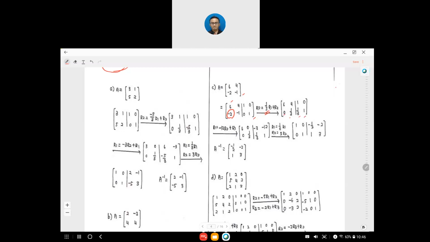Okay, and then again, next, we want to change 4 to 0 here. So this one, if you want to change 4 to 0, you write times by negative 12. Okay, negative 12 R2 plus R1. Okay, and then solve it. You can get 6, 0, negative 3, negative 12. Okay, since you already got a 0 here, and then you want to change 6 to 1 and 1 over 3 to 1.